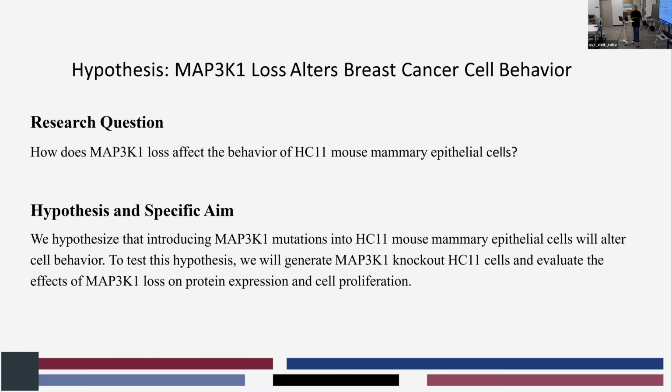To test this hypothesis, we will generate MAP3K1 knockout HC11 cells and evaluate the effects of MAP3K1 loss on protein expression and cell proliferation. And what I mean by knockout is, it's kind of self-explanatory. With the knockout, we'll take out the protein function of MAP3K1 to see how the cell is affected without this protein.